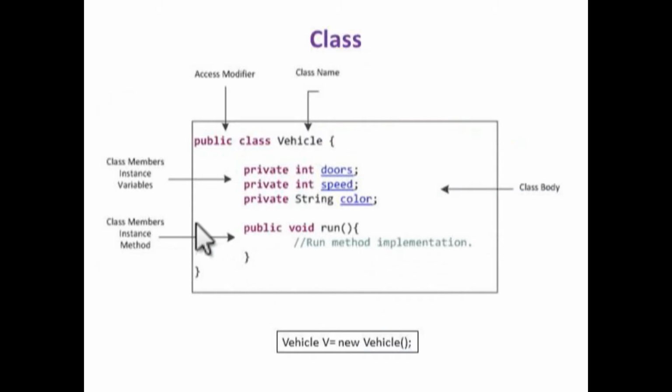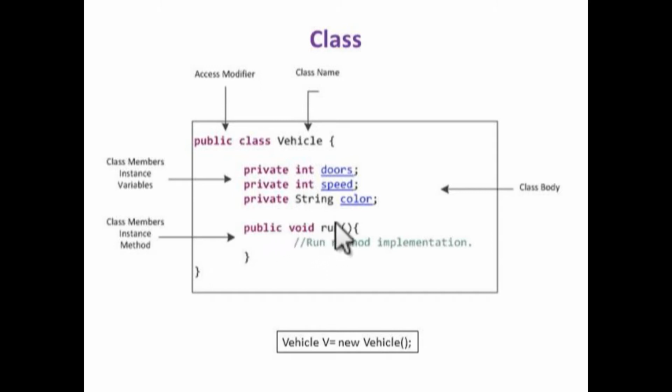Here I am showing an example of a class definition. First I am giving the access modifier as public, then class is a keyword, then the class name is Vehicle, and it has some member variables. All the member variables are declared as private members. Then I am using one function, run, which is made public.